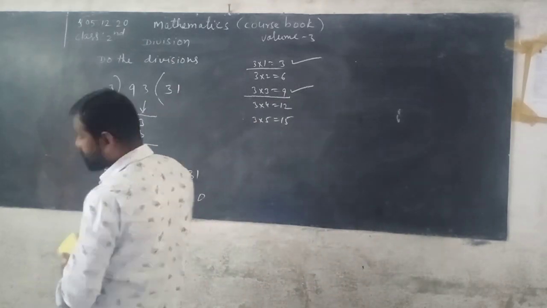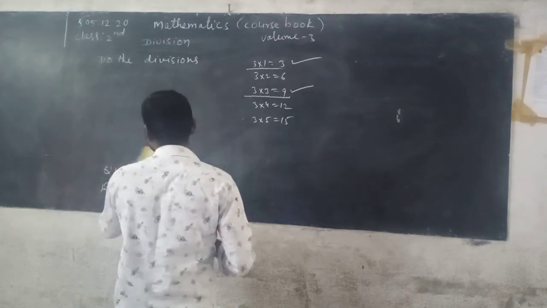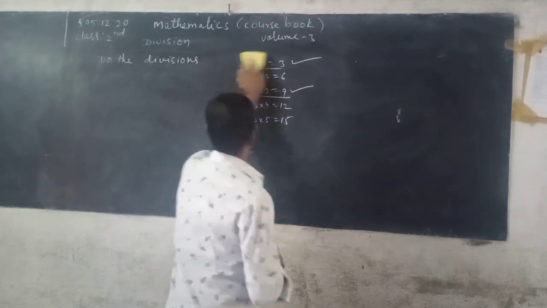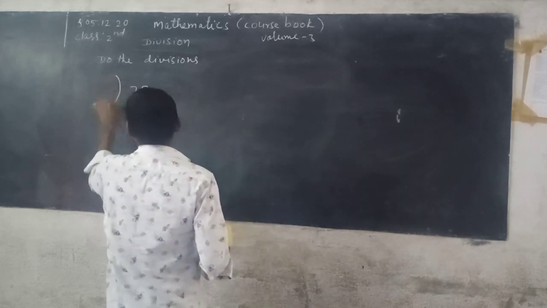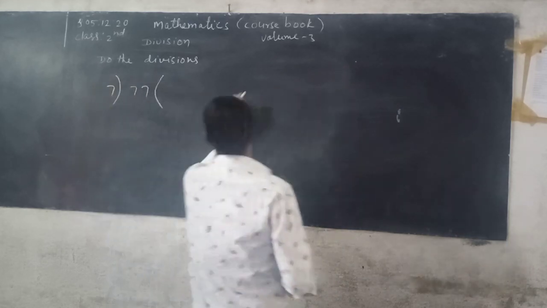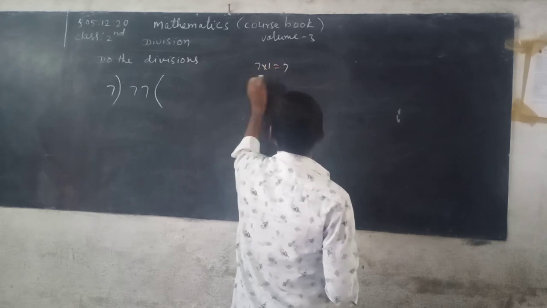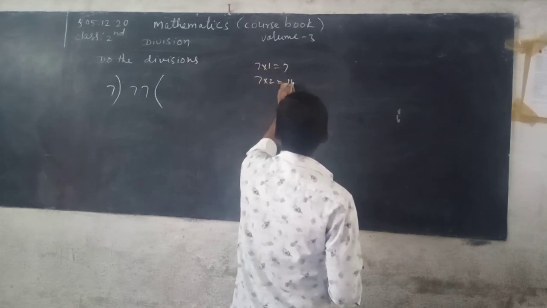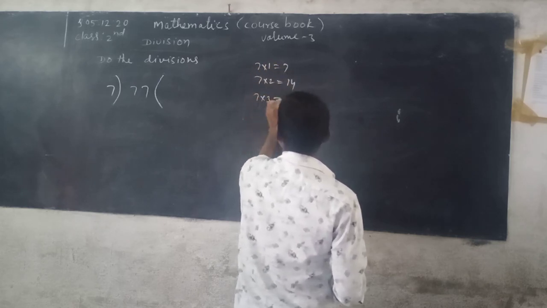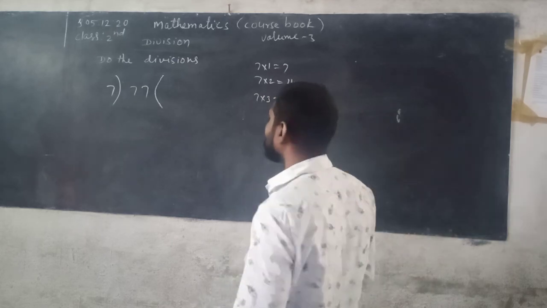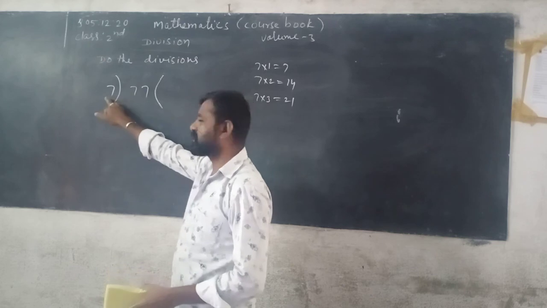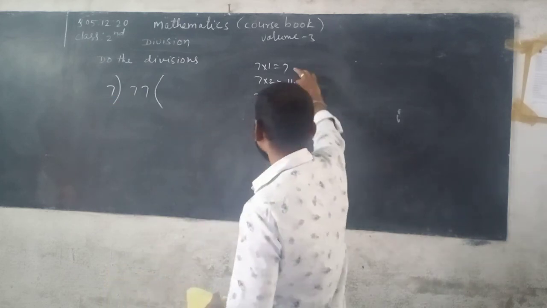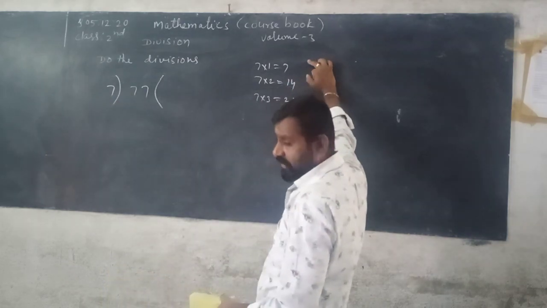Next 77. This is also very easy. 77 divided by 7. See here, 7 1s are 7, 7 2s are 14, 7 3s are 21. So from the dividend we have to take the first digit from left to right side. 7 is equal to 7. So where is it possible? 7 1s are 7. 7 is divisible by 1.